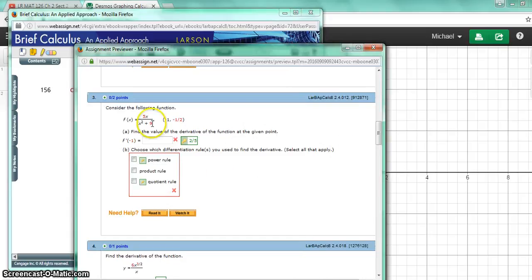So if you're looking at this one, you would take low times the derivative of the high minus the high times the derivative of the low, all over the bottom thing squared. That would find you your derivative, and then we can plug in x equals -1.